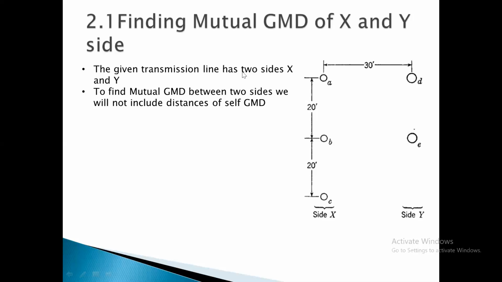Now for mutual GMD, firstly we will find the distances from this phase to this phase, from this side to this side, just like last time when we started from distances.